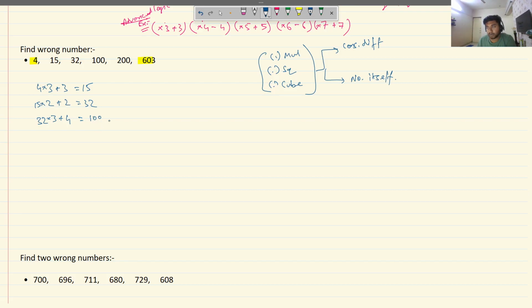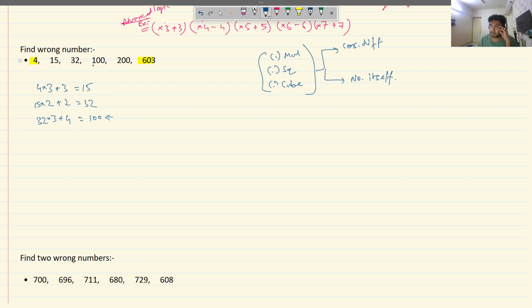Okay, this 100 might be the wrong number because it's not matching the pattern. I was expecting alternately multiplied by 3 plus 3, and multiplied by 2 plus 2. So if here I would have had a 3, then that would have made sense. 100 might be the wrong answer.